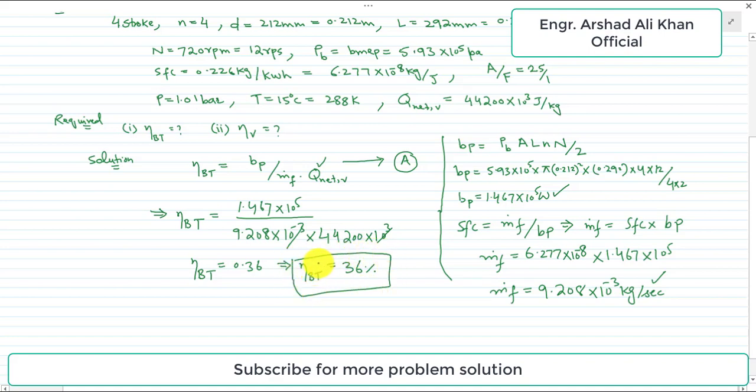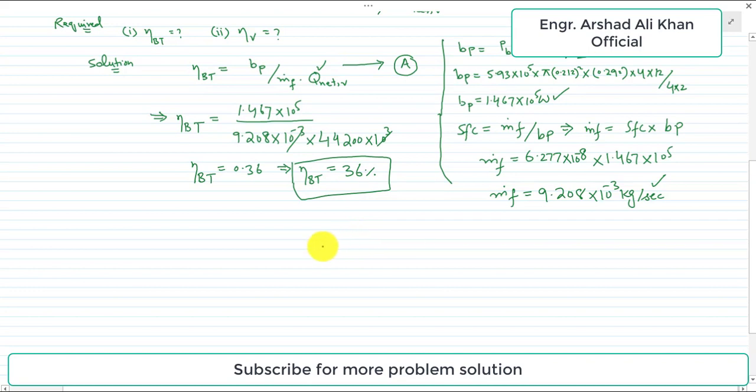Now second, we are required to find the value of volumetric efficiency. Suppose this is part 1 and this is part 2.